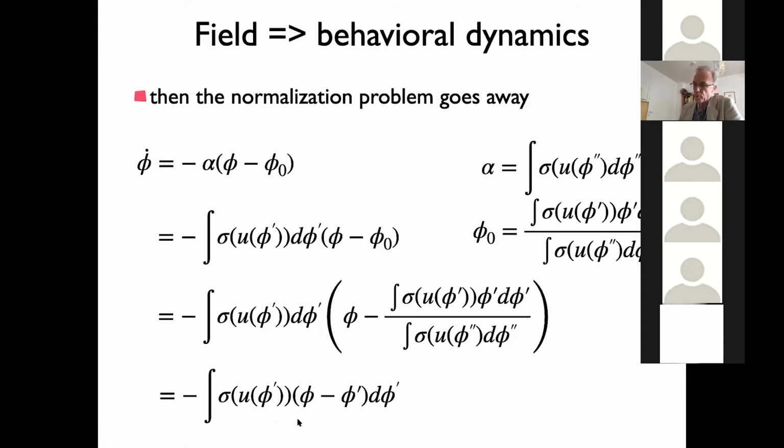And you can now actually see the logic of this. What happens here is that if you interpret this again neurally, every location phi prime in the field votes not for its value, but for a whole dynamics, because minus this expression, that is a linear dynamics for phi with zero crossing at phi prime with a negative slope, right? Negative slope.